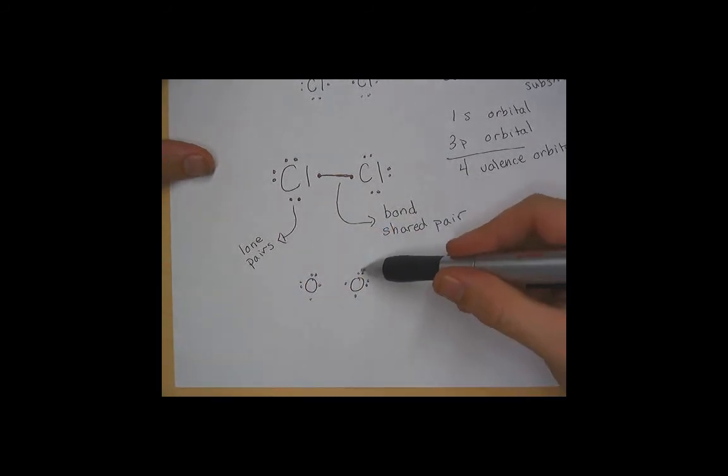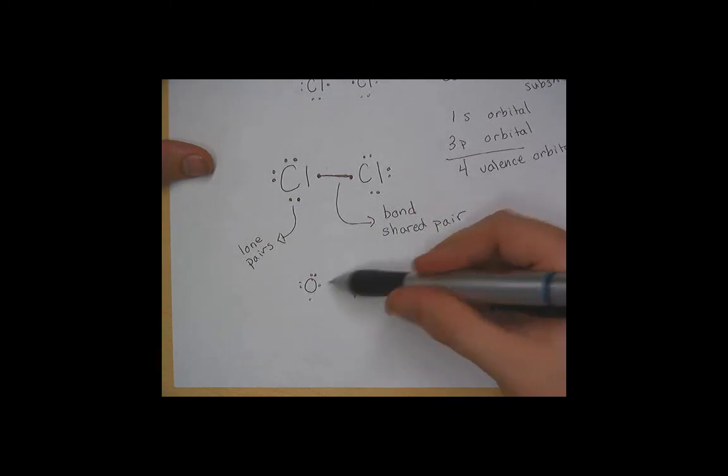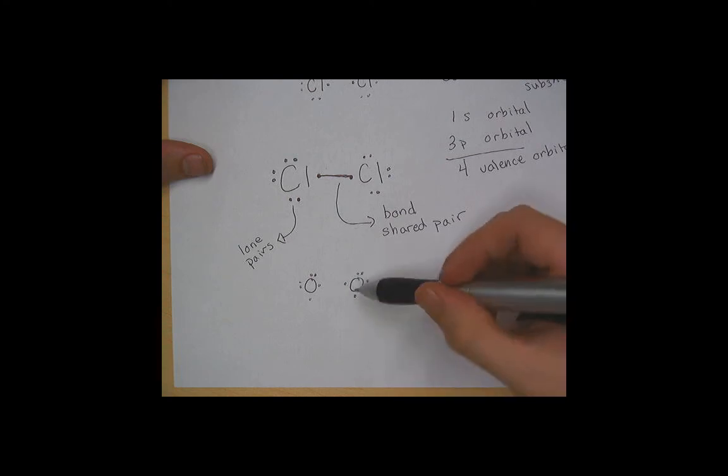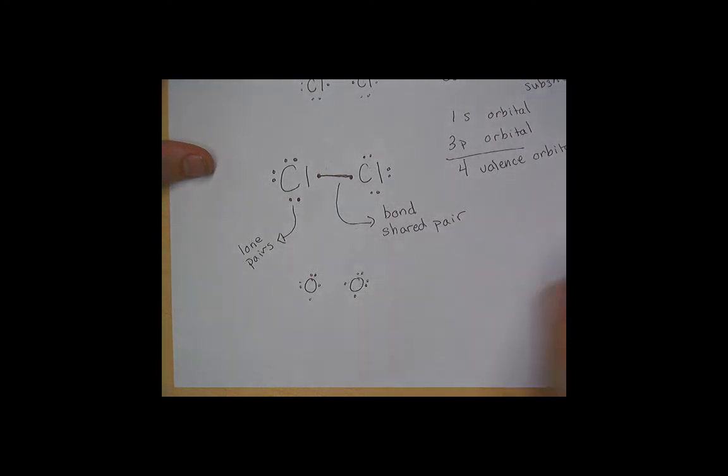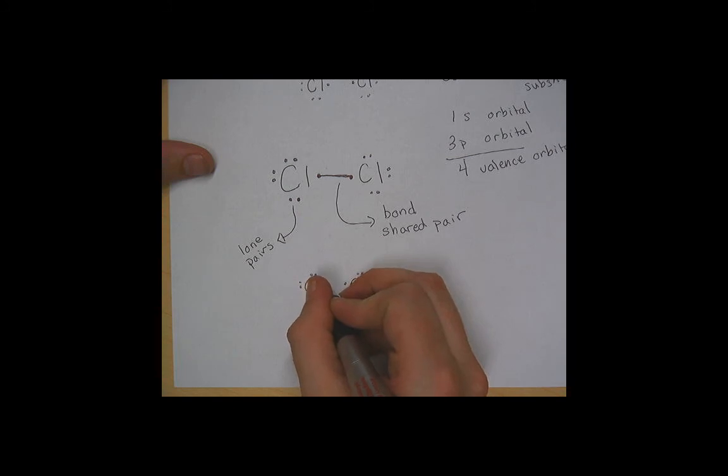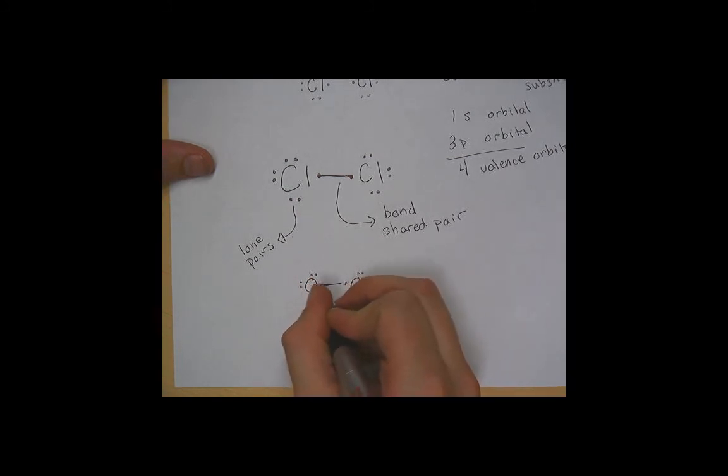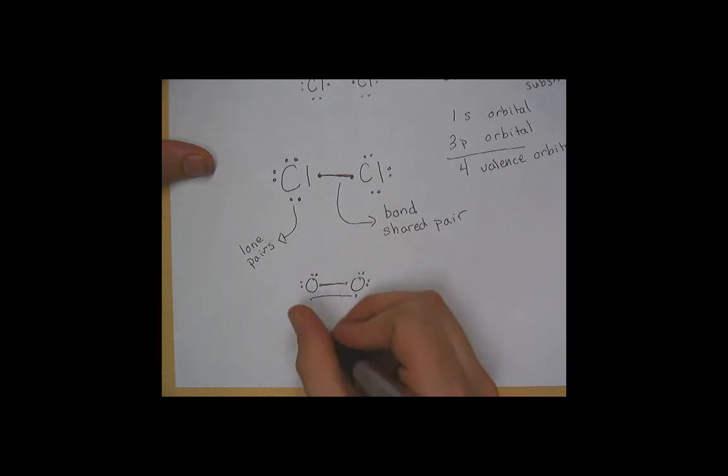So you should notice that you have 2 completely paired up lone pairs, and then each oxygen has 1, 2 unpaired electrons. And so those unpaired electrons will be used to make bonds. And we could redraw oxygen.